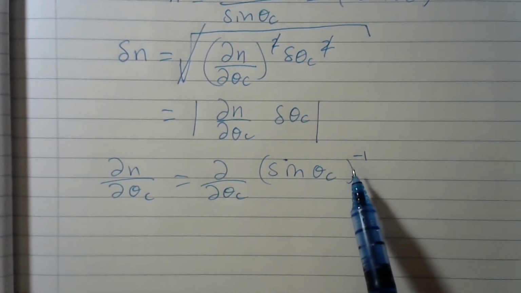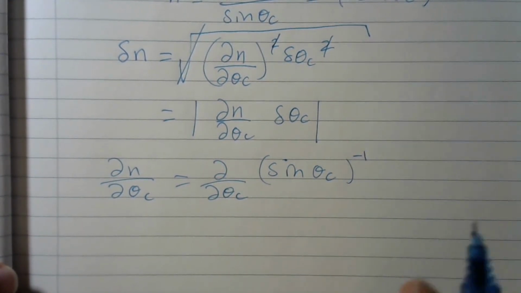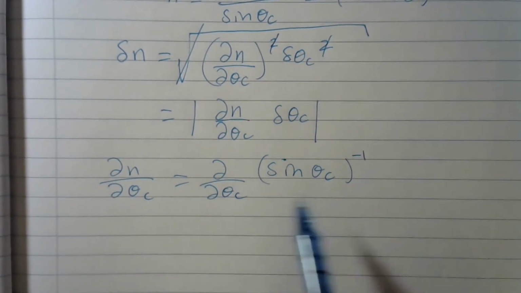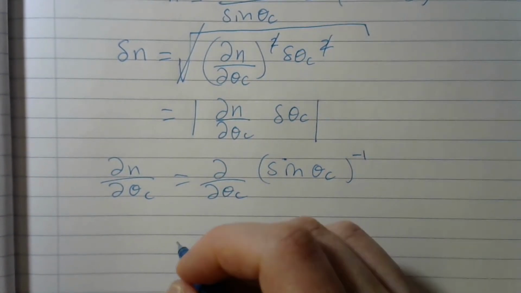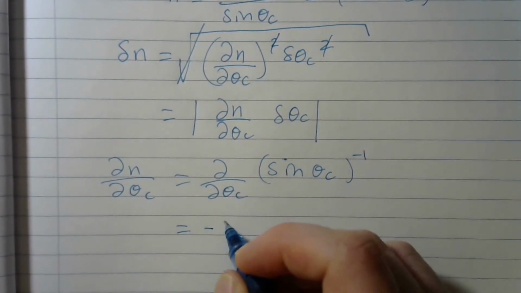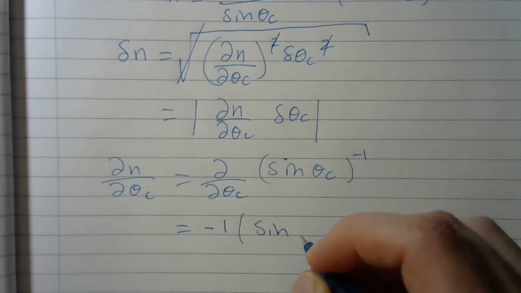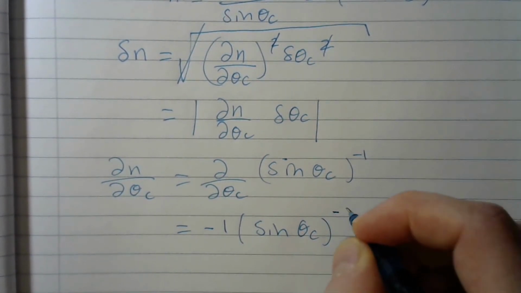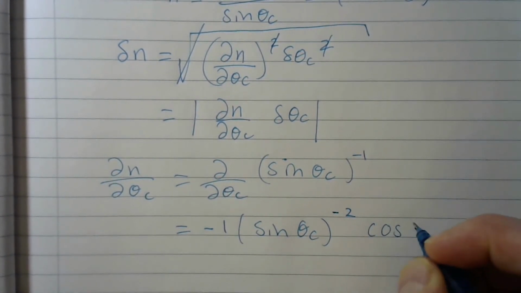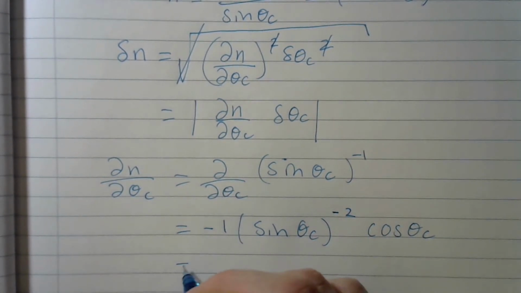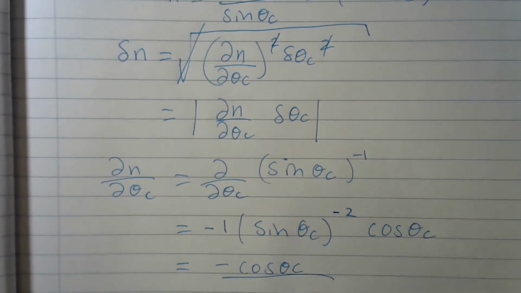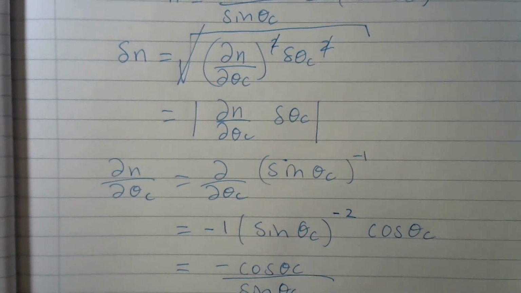And all I have to do is apply the chain rule, just like I did in the previous uncertainty propagation, and I'll have my expression for my partial derivative. So I have the derivative of the outside, so I have -1 times sine theta c to the power of -2, times the derivative of the inside, which is cos of theta c. And then that gives me a result of negative cos theta c divided by sine theta c squared.